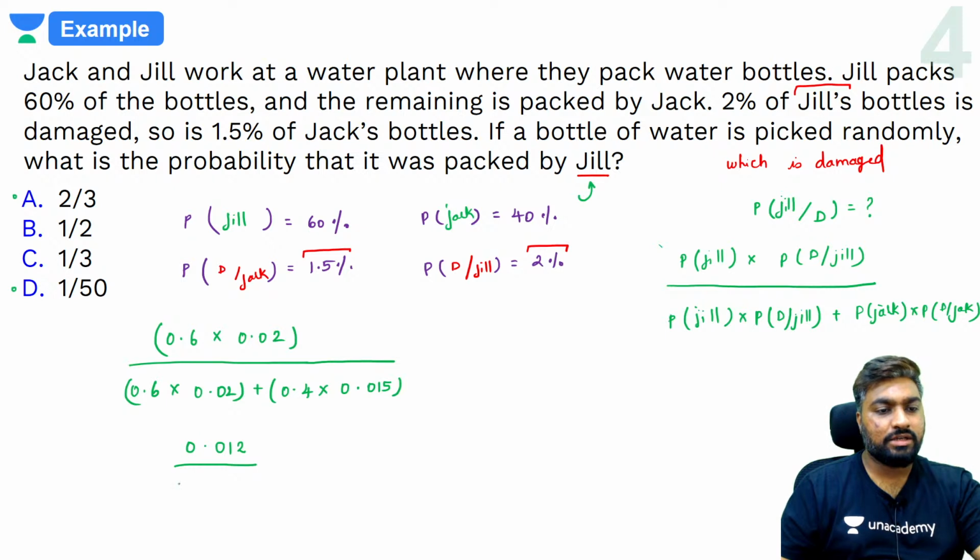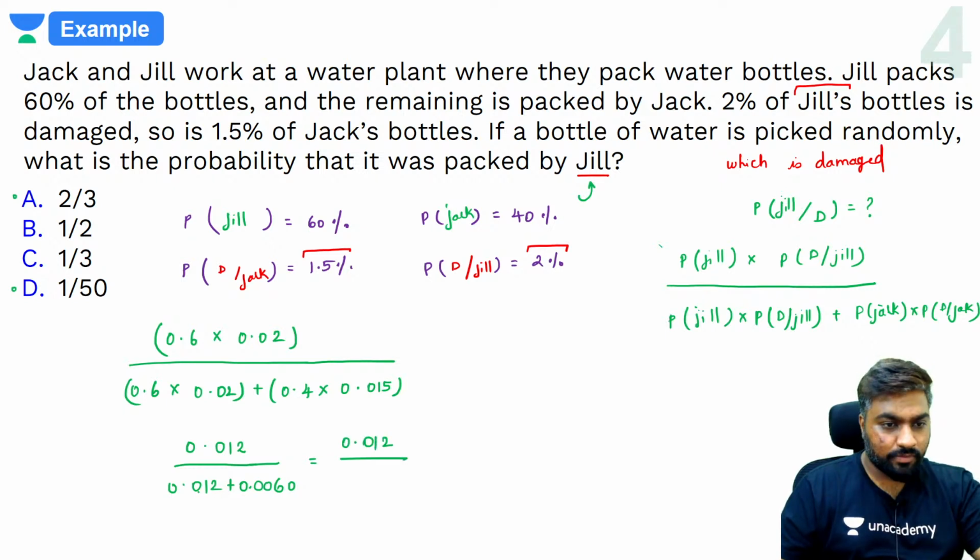Same way below, 0.012 plus 4 into 15 is 60 and we have 4 decimal places, 1 2 3 4, so 0.0060. Don't make mistakes in the calculation. So this is 0.012 by 0. What will the denominator become?